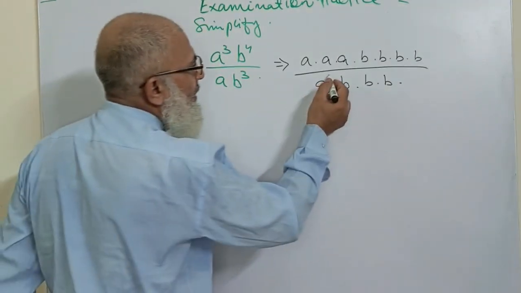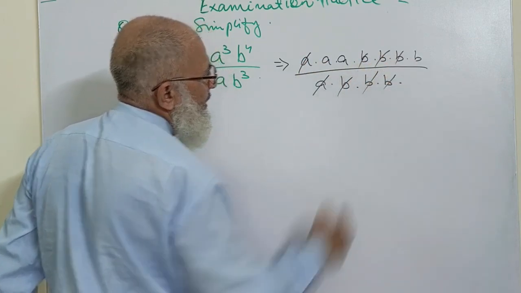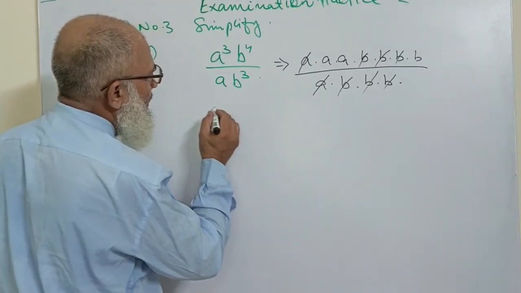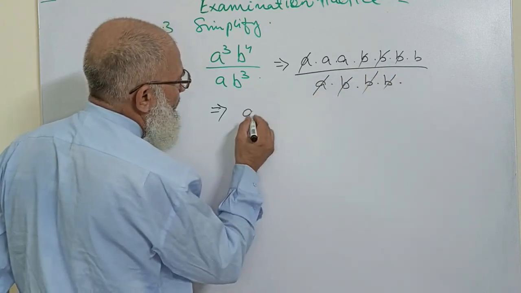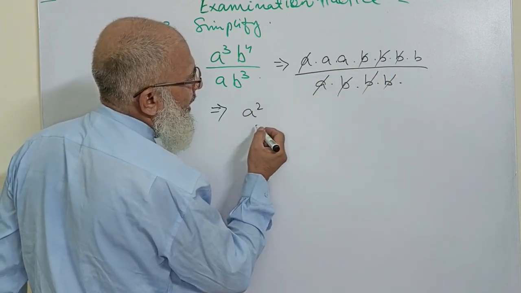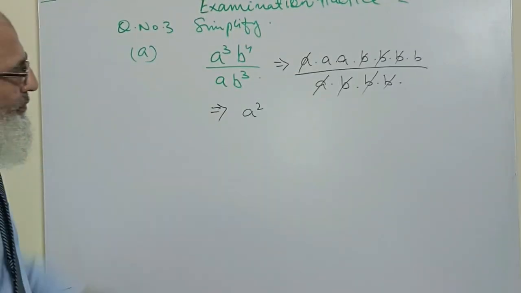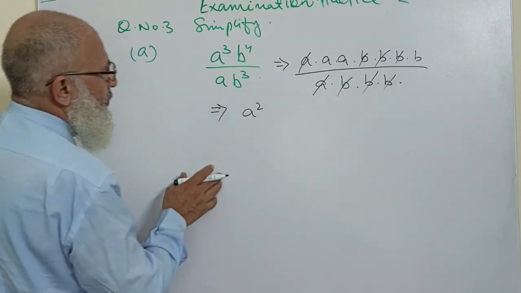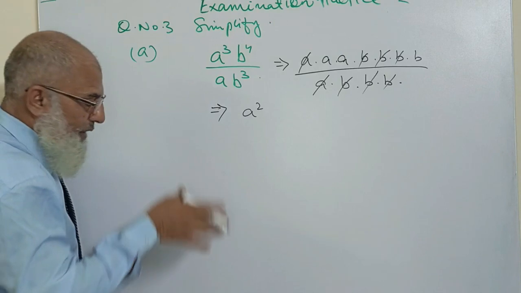Now you can cancel whatsoever is being cancelled. So we are left with only a squared b, and nothing is left in the denominator. Now there is another way of doing it. There are in fact two other ways of doing it.